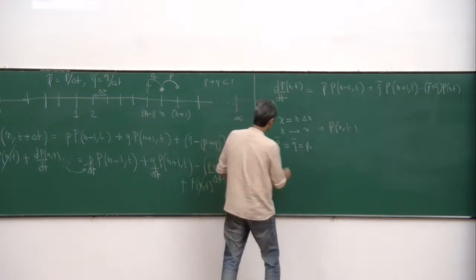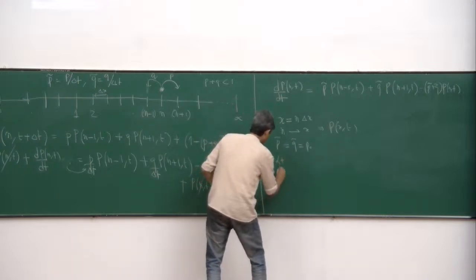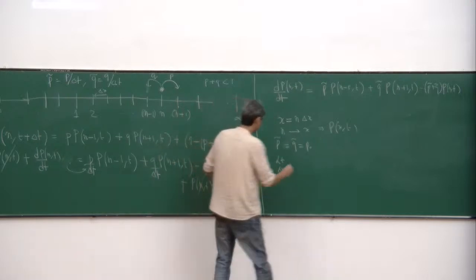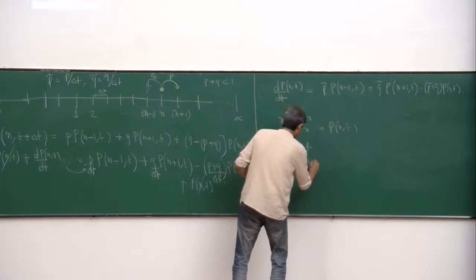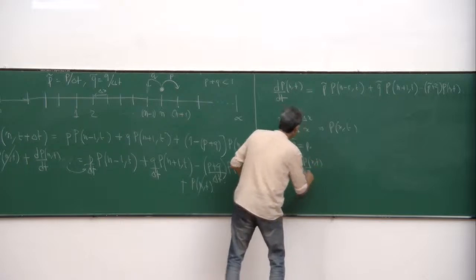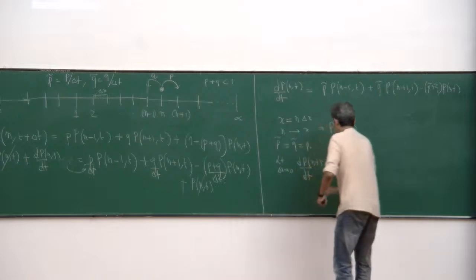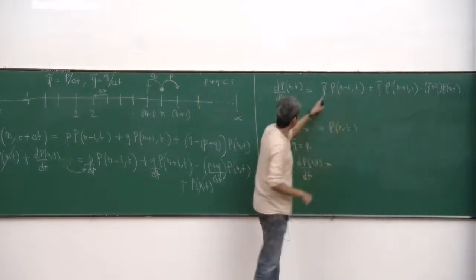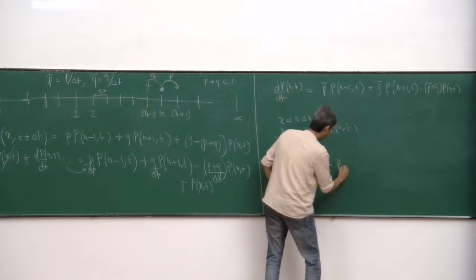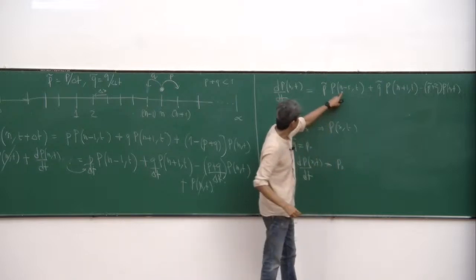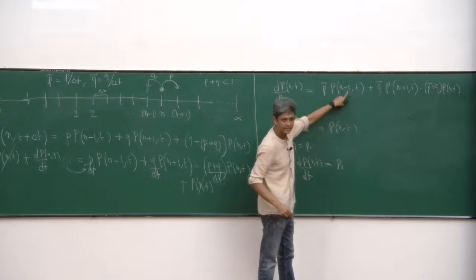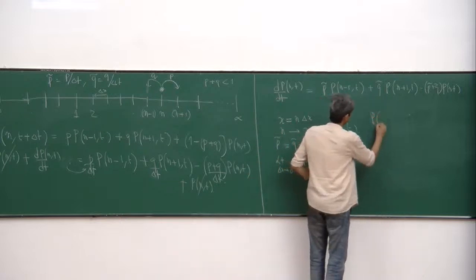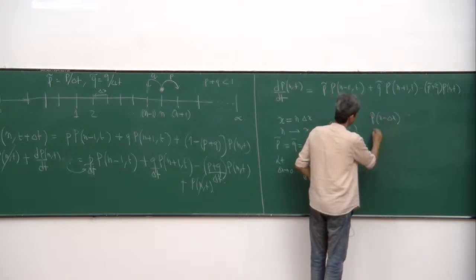So now I have to consider the limit of delta x tending to 0, because I want the space to become continuous, and this becomes dP/dt. What is this one? So I can write down p naught, and this is P of x minus delta x. If you Taylor expand this quantity, P of x minus delta x, what will you get?